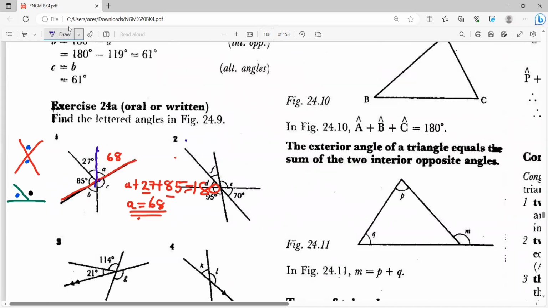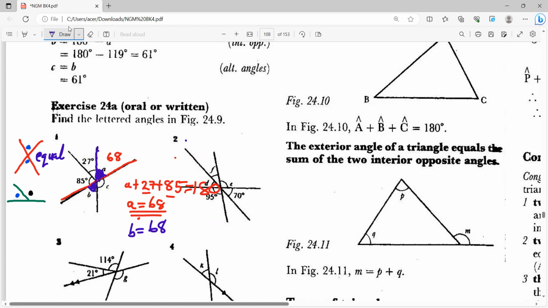And from this rule, we say that vertically opposite angles are equal. So B is going to be what? 68 as well. Because A and B are vertically opposite angles. They're forming some kind of an X. So these guys are equal.